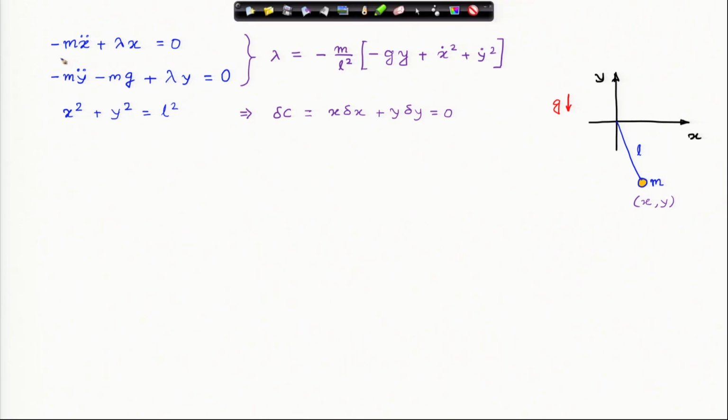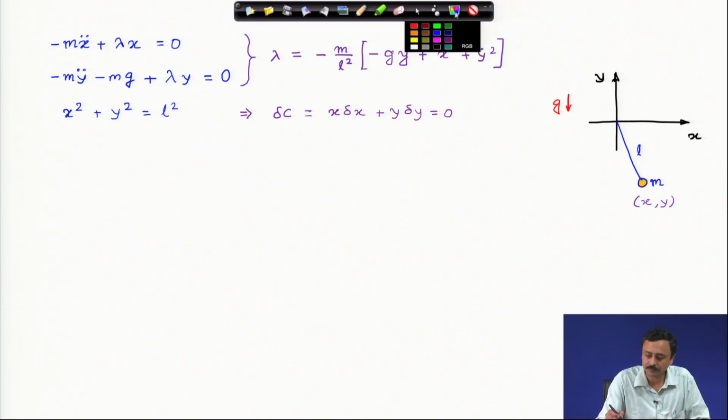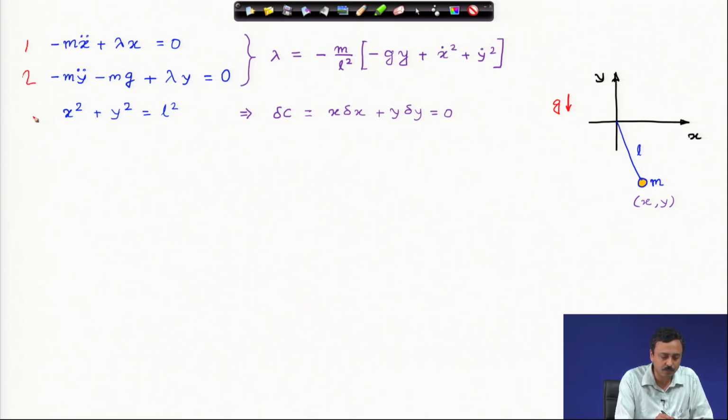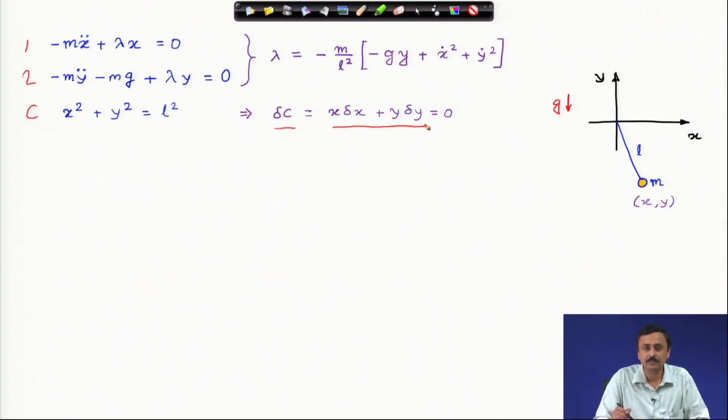We had then two equations of motion, one each for x and y, and we had the constraint. So, these are the two equations of motion and this is the constraint. And we had taken the variation of the constraint, this was the form, and also solved for the Lagrange multiplier, and this was obtained. Up to this we had discussed in the last class.